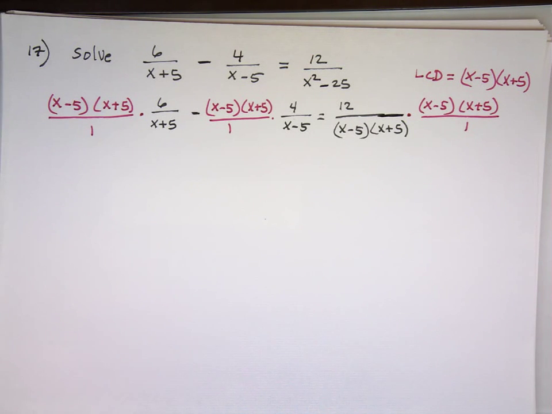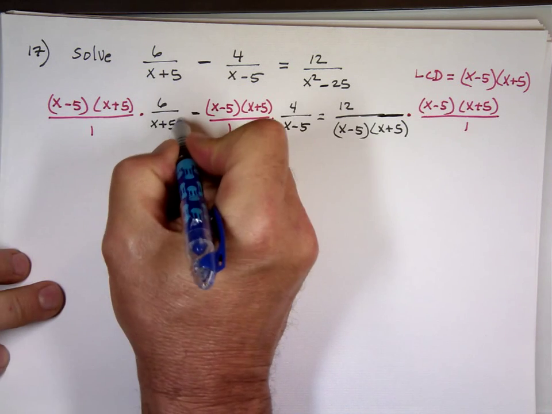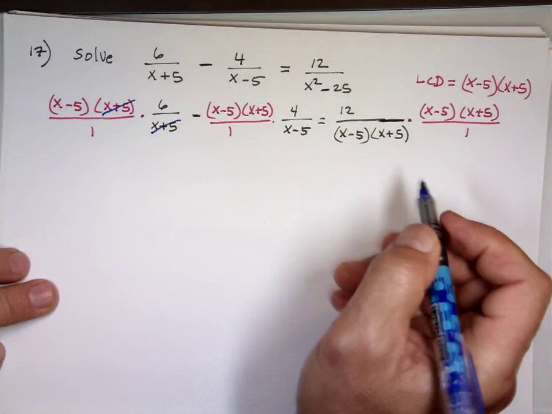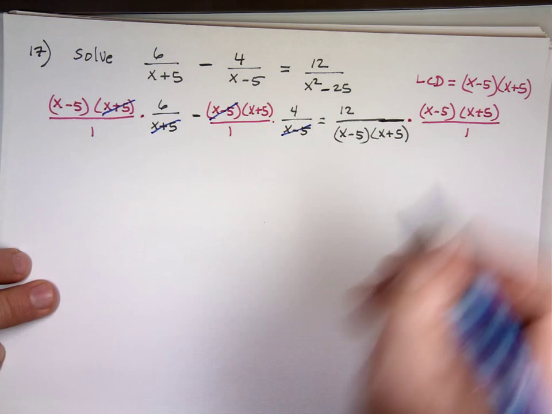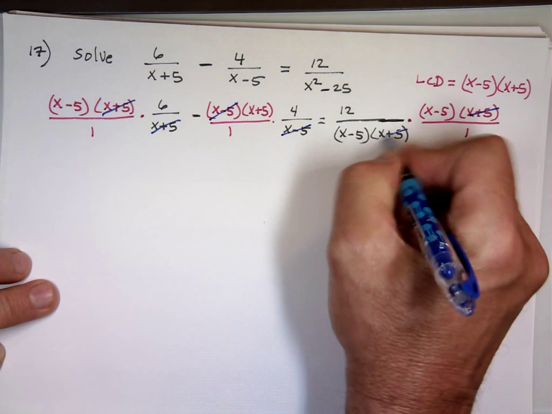And you can see now the x plus 5 cancels that x plus 5. The x minus 5 cancels the x minus 5. On this side, the plus 5 with the plus 5, the minus 5 with the minus 5.